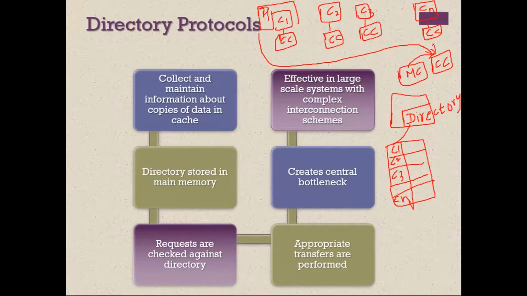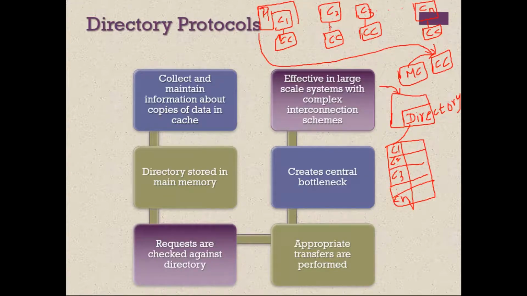The centralized controller will process the request, and it will allow the processor to read from the main memory, provided the copy of data this processor is requesting is not in any of the caches. If it is asking for a fresh copy of data which is not in any cache, it will allow access from the main memory.